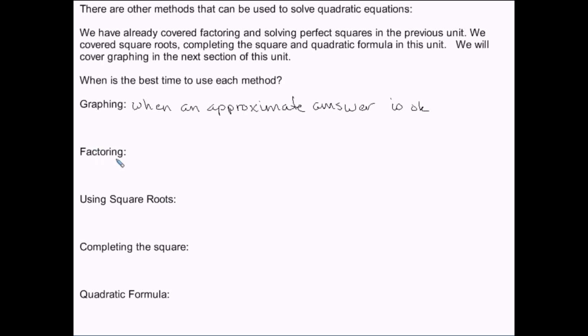Factoring works best if you have a constant of 0. So that's the c. There's no number without an x on it, essentially. Or if you look at the expression, and the factors are easily identifiable.